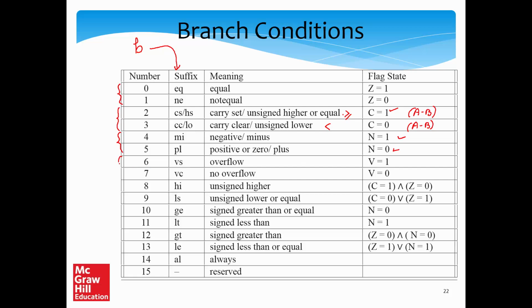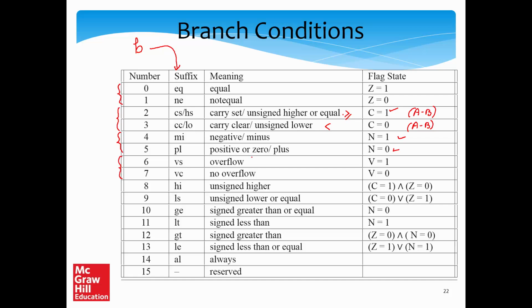Let's take a look at the next pair of conditions, VS and VC. VS is the case when an overflow occurred. An overflow means that the final result could not fit within the number of bits that are available.